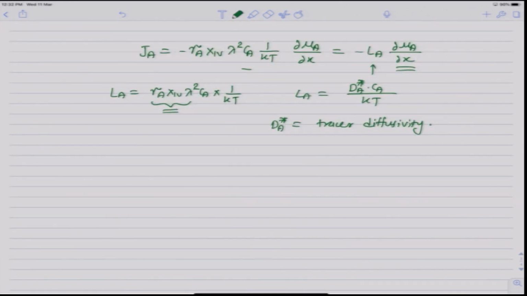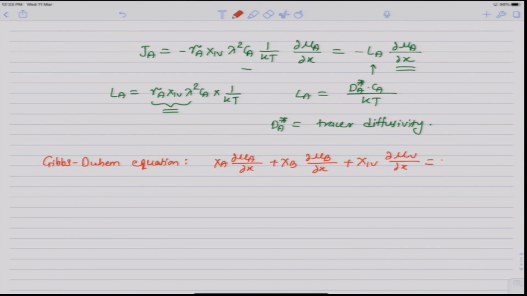Now we know by the Gibbs-Duhem equation xa dou mu A by dou x plus xb dou mu B by dou x plus x1V dou mu V by dou x should be equal to 0, and so we can express the chemical potential gradient of vacancy in terms of the chemical potential gradients of A and B. So that would be dou mu V by dou x equal to minus xa over x1V dou mu A by dou x minus xb over x1V dou mu B by dou x.